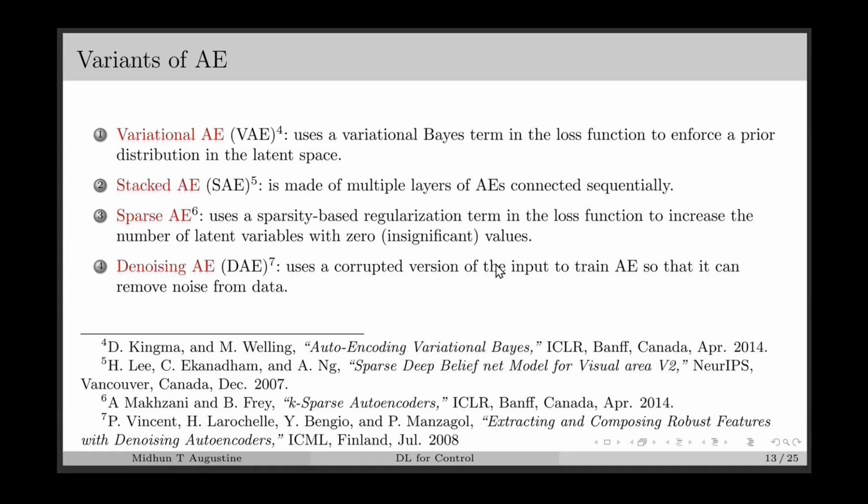Next, we briefly discuss the different variants of autoencoder. Variational autoencoder uses a variational bias term in the loss function as a regularization term. Stacked autoencoder is made of multiple layers of autoencoders connected sequentially. Sparse autoencoder uses a sparsity-based regularization term to promote sparsity in the latent space. Denoising autoencoder is commonly used for removing noise from the data.